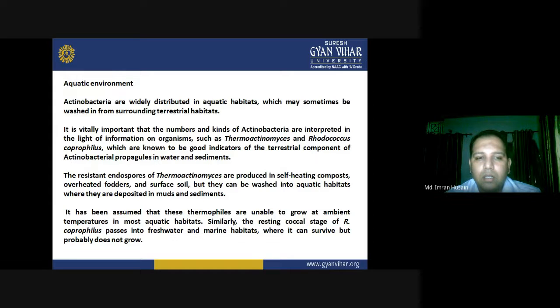It has been assumed that these thermophiles are unable to grow at ambient temperature in most aquatic environments. Similarly, the resting stage of Rhodococcus coprophilus passes into freshwater and marine habitats, where it can survive but probably does not grow.